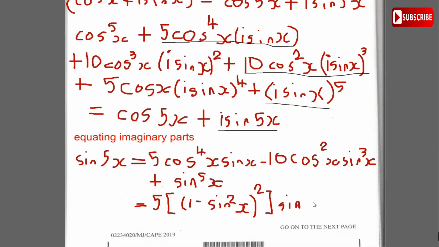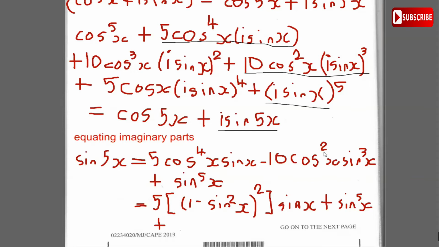Then we'll have plus sine to the 5th. Remember, addition is commutative and associative, so it doesn't matter which one I add first.